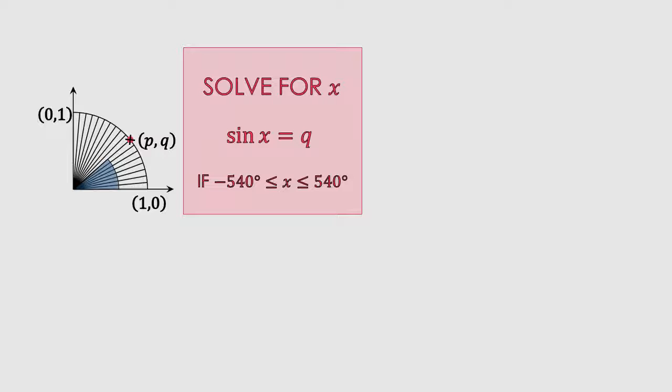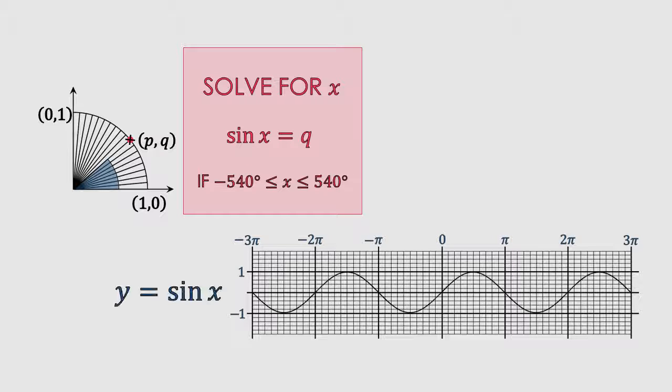To do this, let's begin with drawing the sine graph and locate the angles for which the outputs are q. One obvious angle, whose output is q, is the angle 40 degrees. All other angles that satisfy the equation have the same base angle.